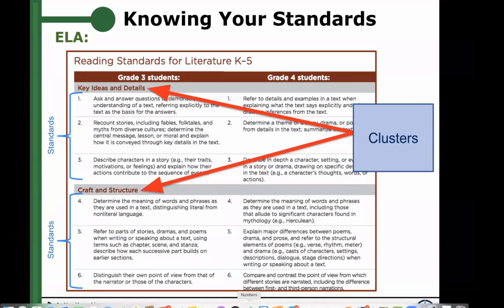So we have standard 1, 2, and 3 under key ideas and details, standard 4, 5, and 6 under craft and structure. So as you're reading the Common Core standards, you start to hear a lot of terminology on, well, what's the cluster of standards or what is the specific standard, right? So clusters, this is what we're talking about. It's like a group of standards.